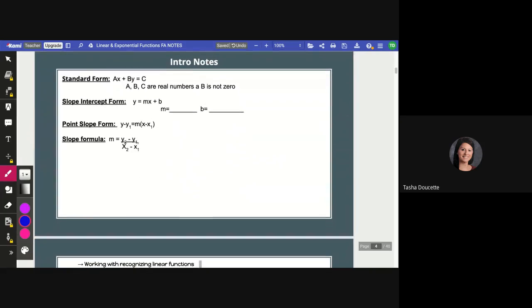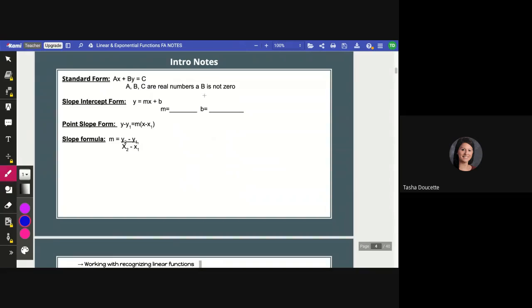Now we're getting into a few formulas that we're going to see during this unit, and they all have to do with slope. So we have standard form. Anytime they're talking about standard form, we are looking at this equation here: Ax plus By equals C. A, B, and C are real numbers.